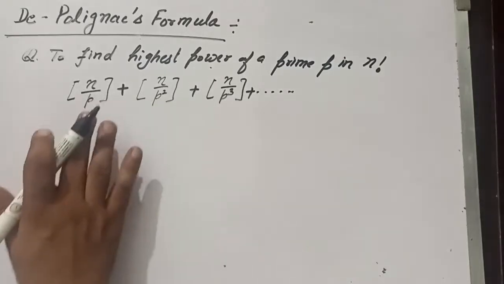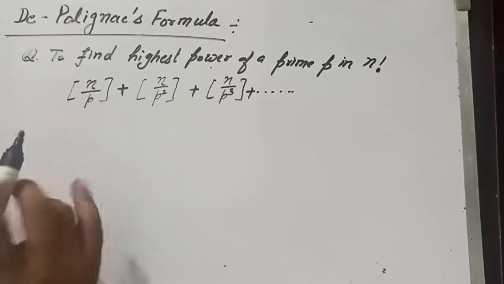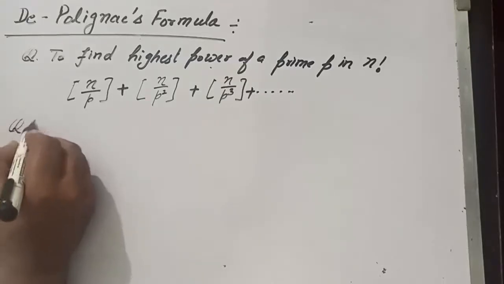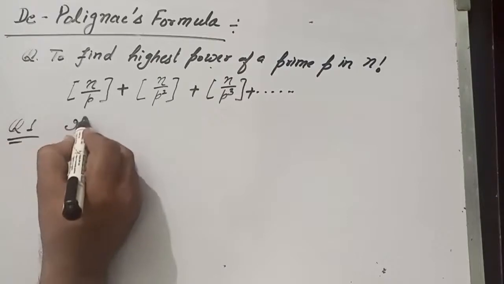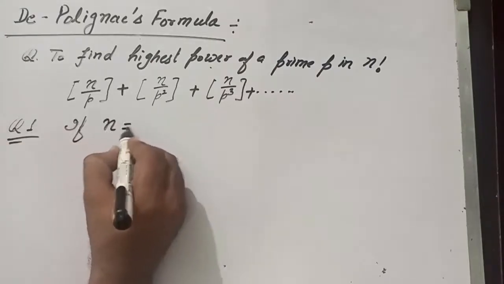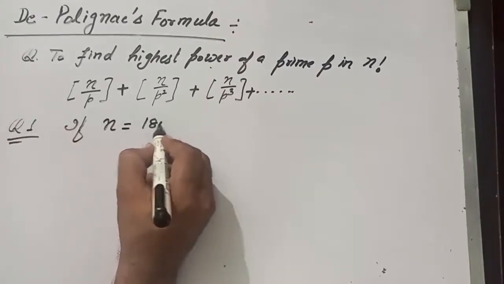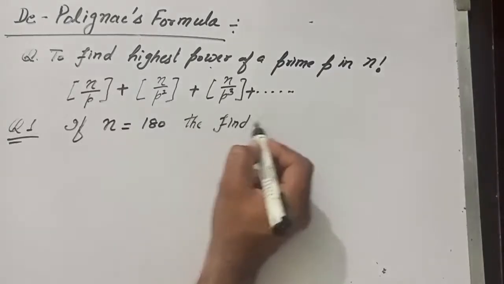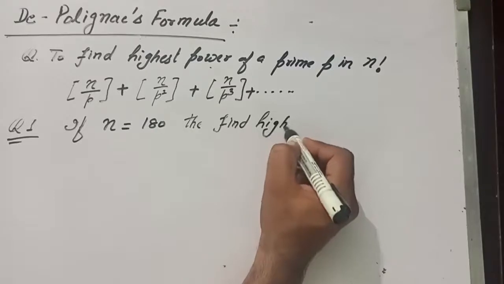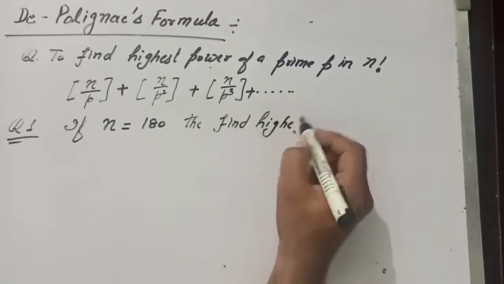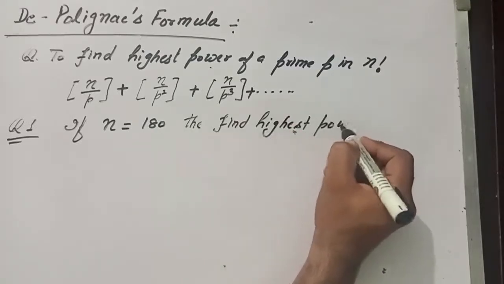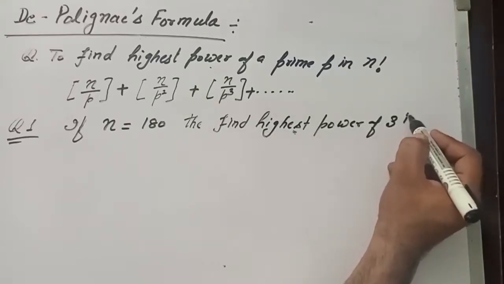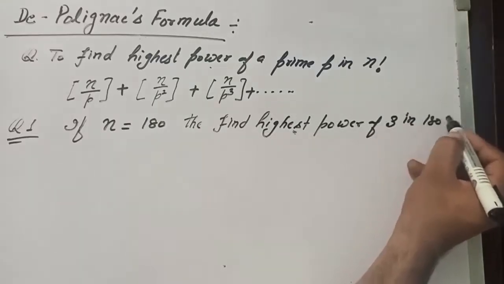Now we will apply this in a question. Suppose n is 180, then find the highest power of 3 in 180 factorial.